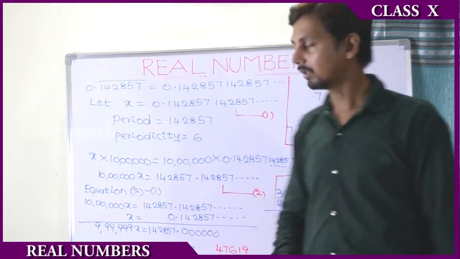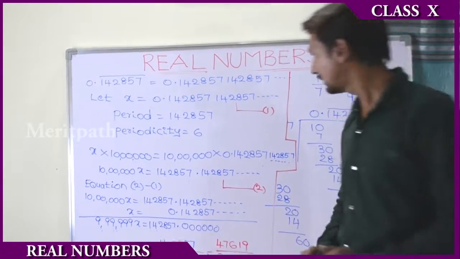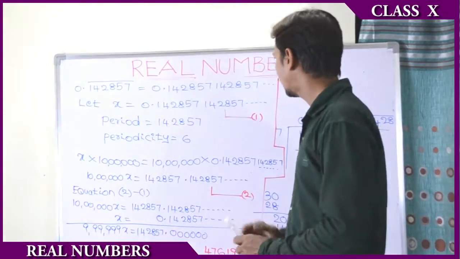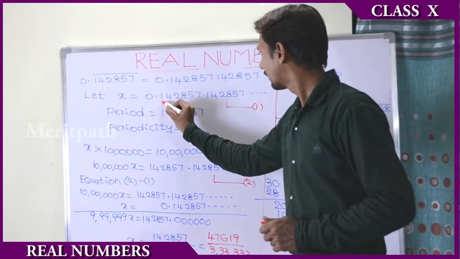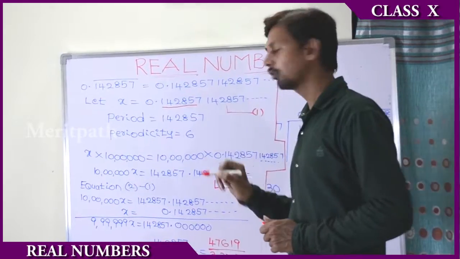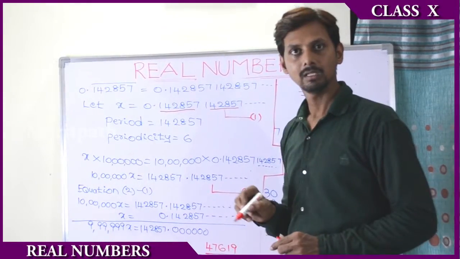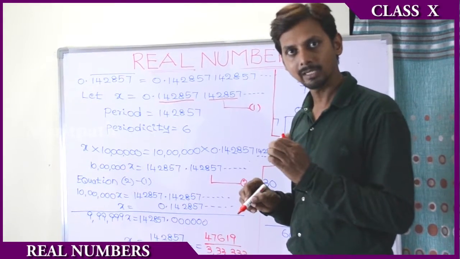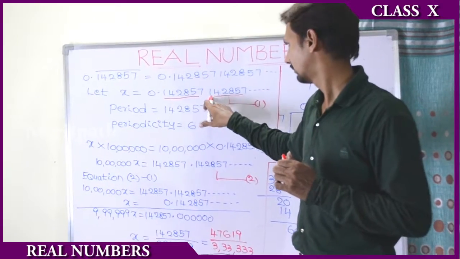And this we can observe, the decimal places which are repeating, that are after 0., 142857 and 142857. These decimals are repeating, so this is called period.